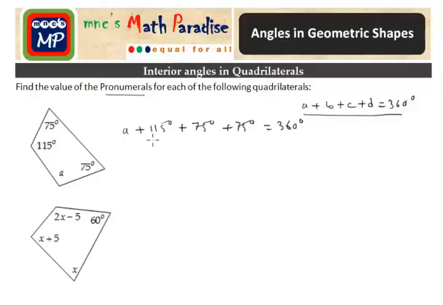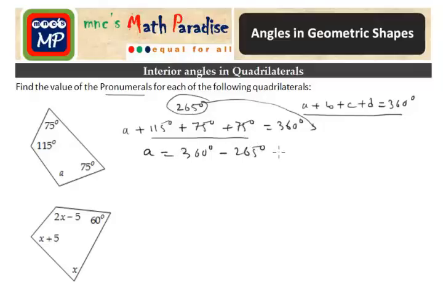So now from here, if we sum up these 3, 75 and 75 is 150 and 115, so altogether it will be 265 degrees. If we take this 265 to this side, then A will be 360 degrees minus 265 degrees, we will get 95 degrees. That means this angle is 95 degrees.